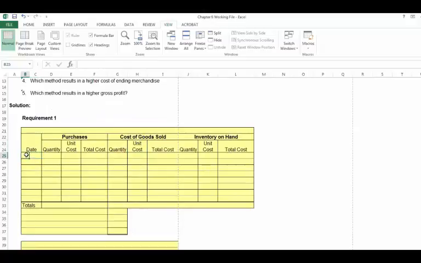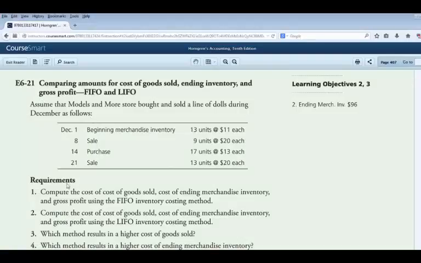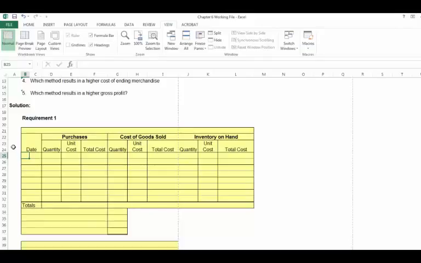And we've got beginning inventory. So I'm just going to go in here and put in my beginning inventory. This was at December 1st. So I've got December 1st.